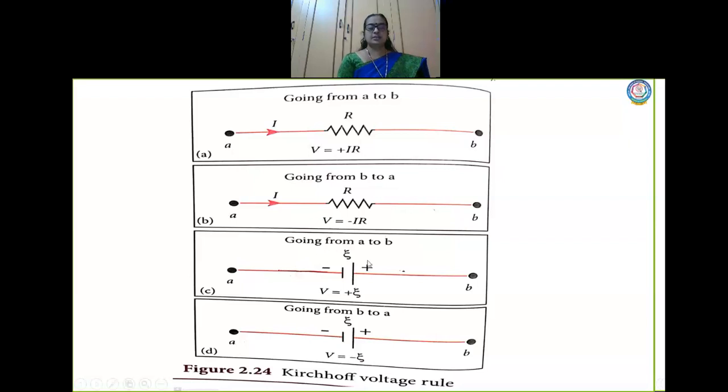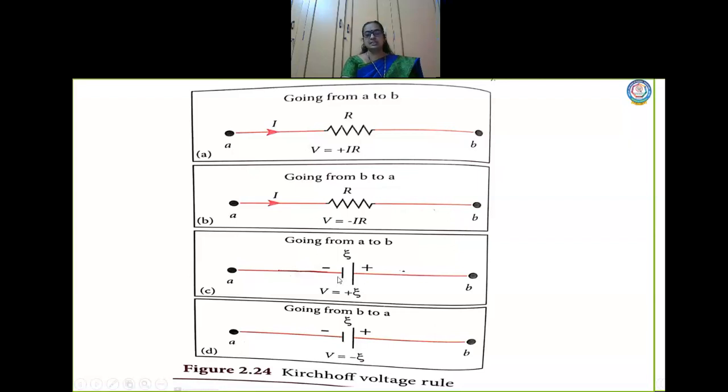Now here we are going to a cell. A circuit, as I told you already, involves so many cells and resistors connected. If it is a cell in the circuit and your direction is from A to B, then this point is considered a negative potential and this a positive potential.